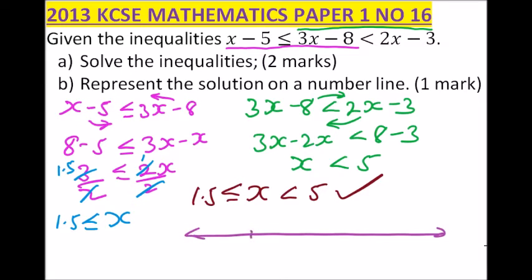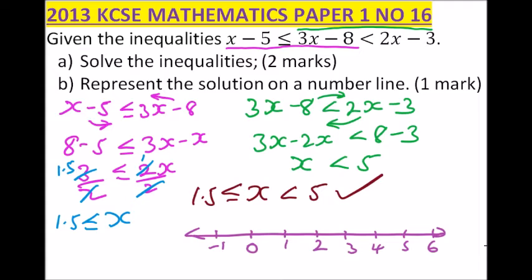Let's put that as a starting point. We have minus 1. We can have 1, 2, 3, 4, 5, and 6. You don't have to use a scale because you are just representing this range.